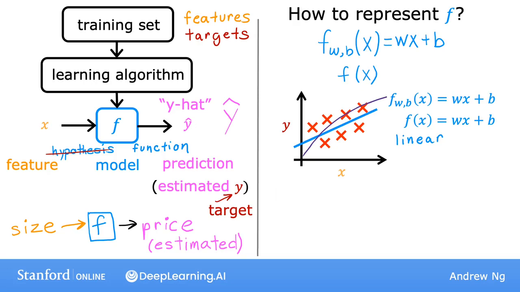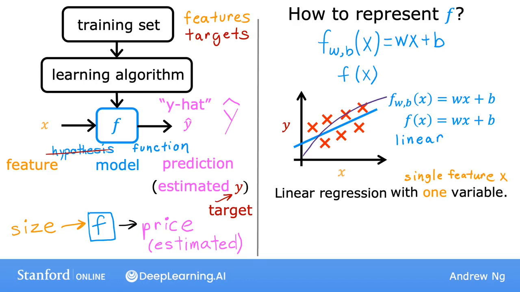This particular model has a name. It's called linear regression. More specifically, this is linear regression with one variable, where the phrase one variable means that there's a single input variable or feature x, namely the size of the house. Another name for a linear model with one input variable is univariate linear regression, where uni means one in Latin and where variate means variable.